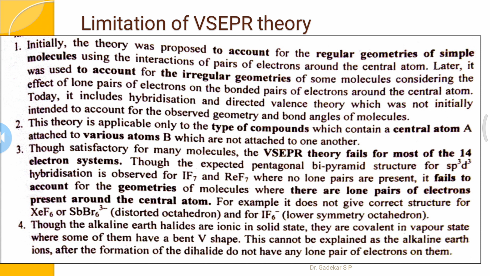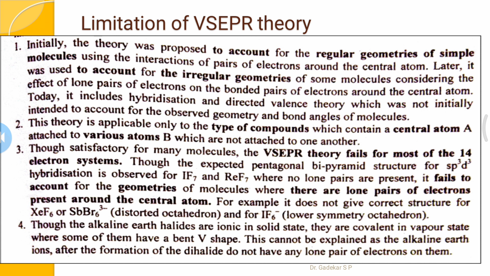After this it was also used for irregular geometry, which means lone pairs of electrons are also considered. Bond pairs are electrons involved in bonding. Lone pairs are non-bonded electrons, which are also considered.